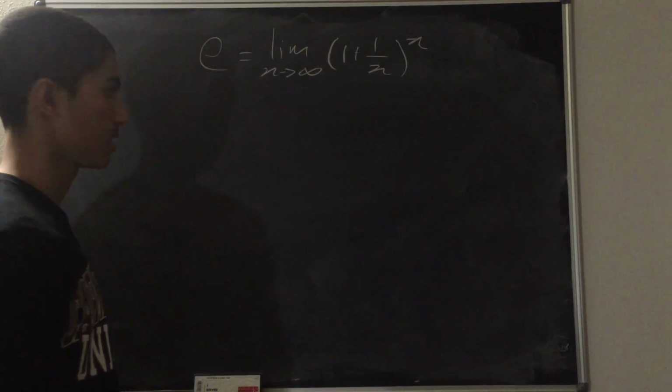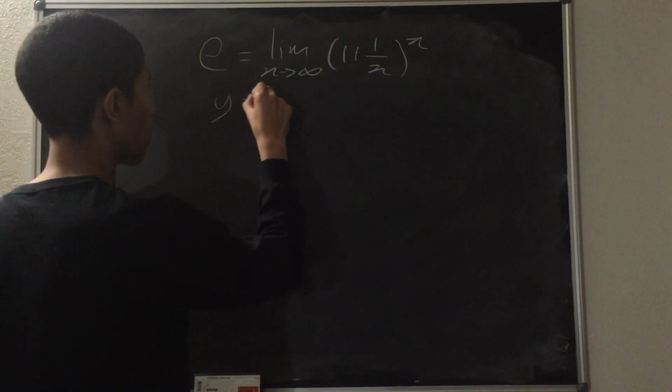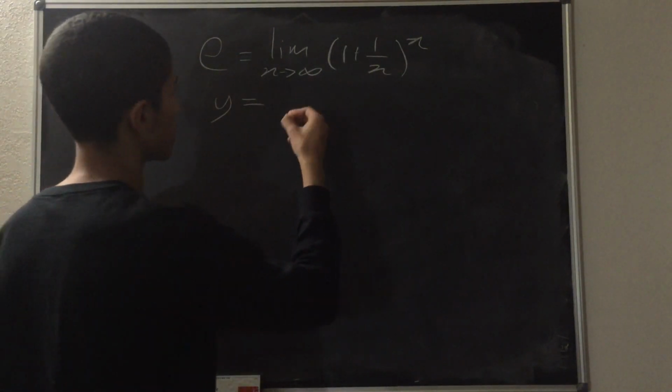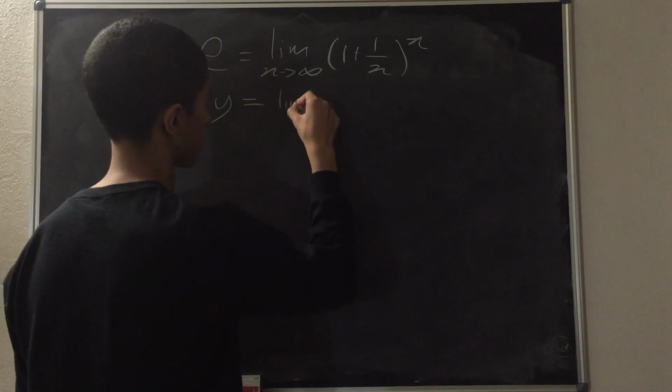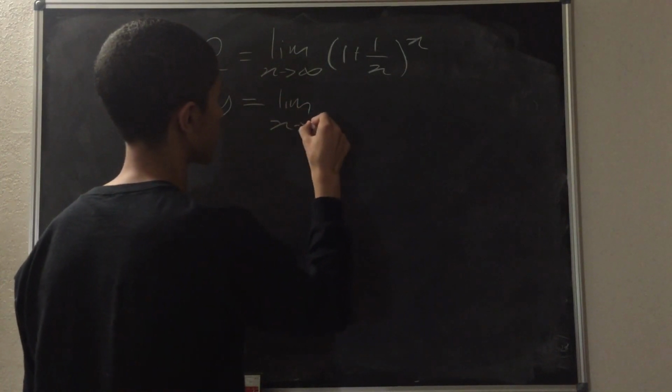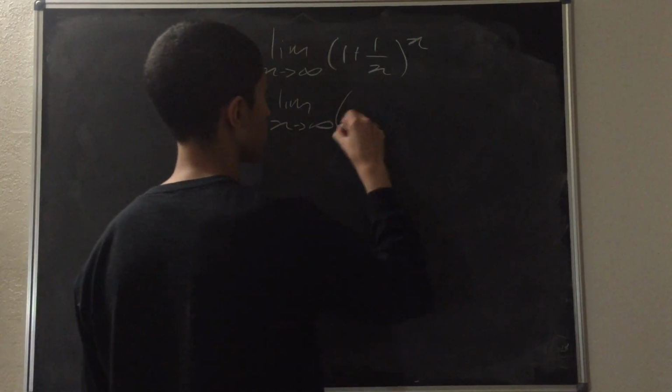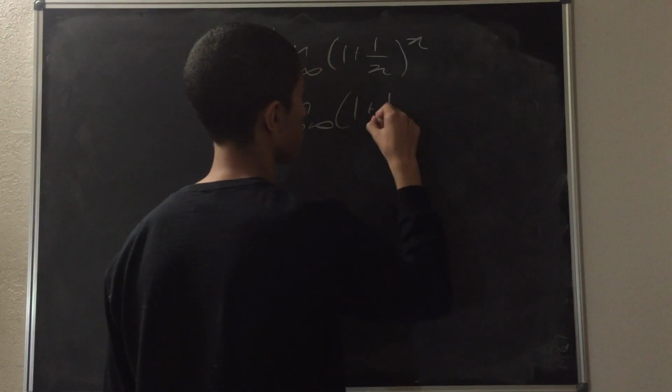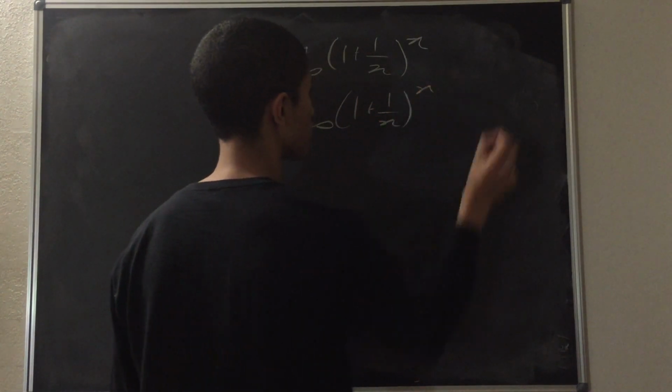Now, the first step that I'm going to take is I'm going to say y, some variable, is equal to the limit of x tending to infinity of (1 plus 1 divided by x) whole to the power of x.